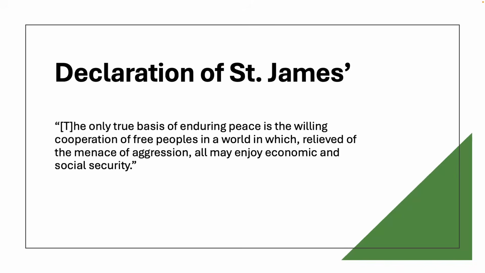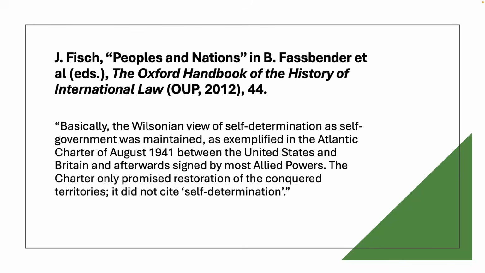If we see, for example, the work of Fitch, he says, quote, basically the Wilsonian view of self-determination as self-government was maintained, as exemplified in the Atlantic Charter of August 1941 between the United States and Britain, and afterwards signed by most Allied powers.